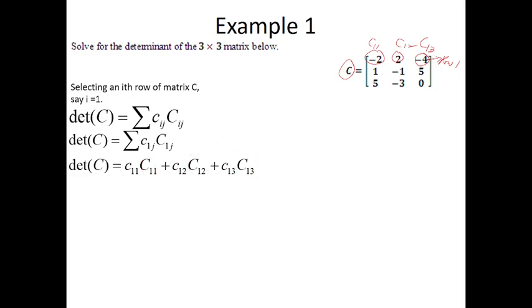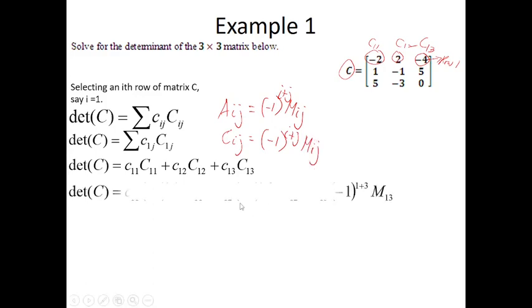So, anong formula niyan? Yung may negative 1, no? Ano yung Cij? That is negative 1 to the i plus j, Mij, right? So, yan ang formula. So, similarly, Cij is negative 1 to the i plus j, Mij. Okay? So, ito ngayon yung kinalabasan.